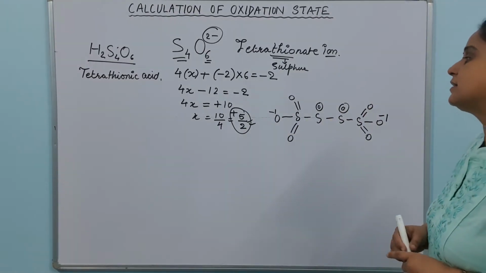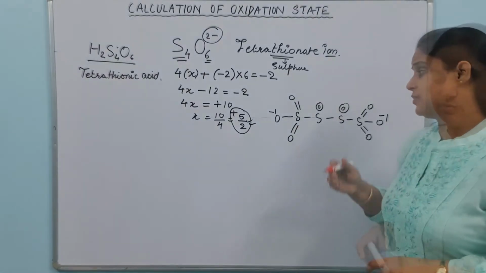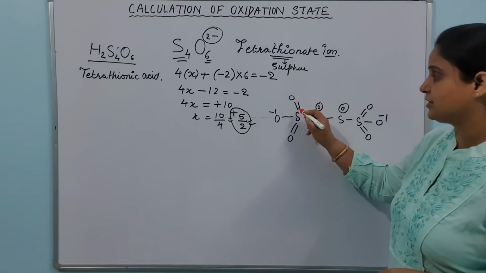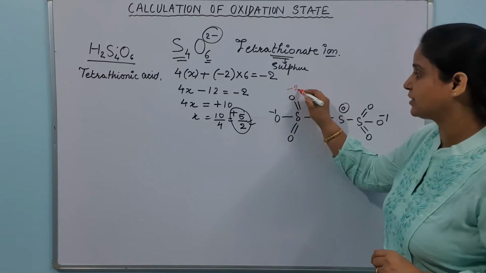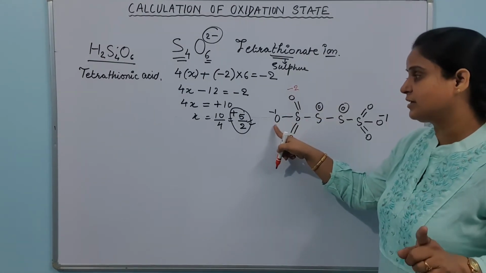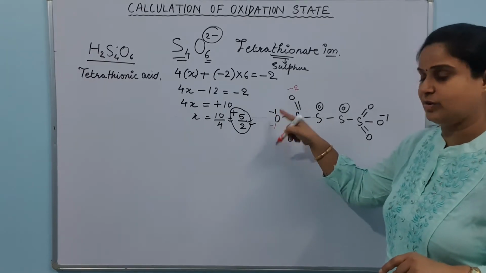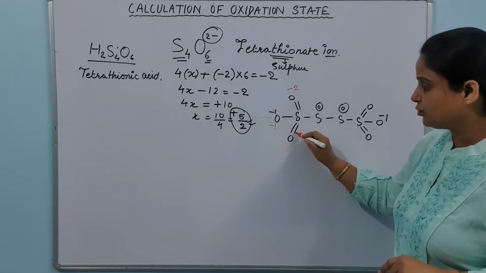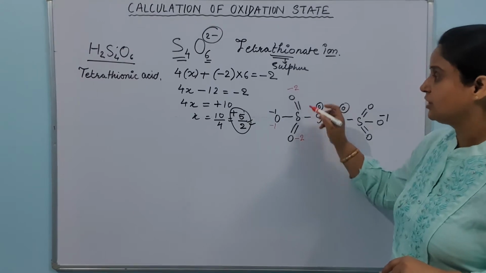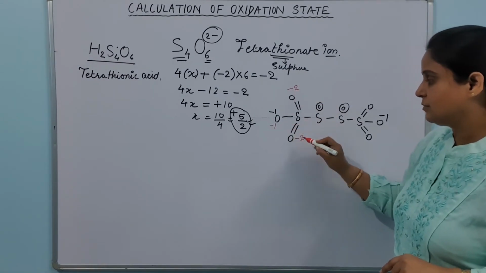Now let us assign the oxidation state. Here, this oxygen is connected with 2, so this is pulling 2 electrons. This oxygen is connected with 1, so it is only pulling 1 electron of this sulfur. This is already there on it. Here there are 2 bonds, so it is also pulling 2 electrons. So 2 plus 1 plus 2.